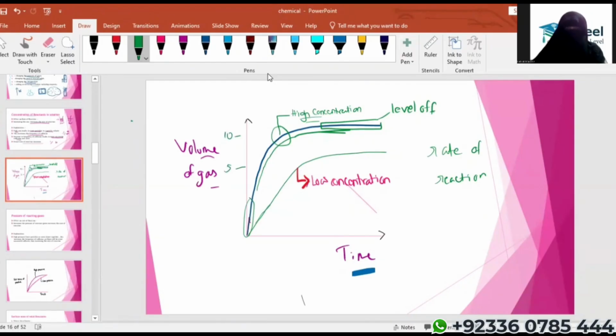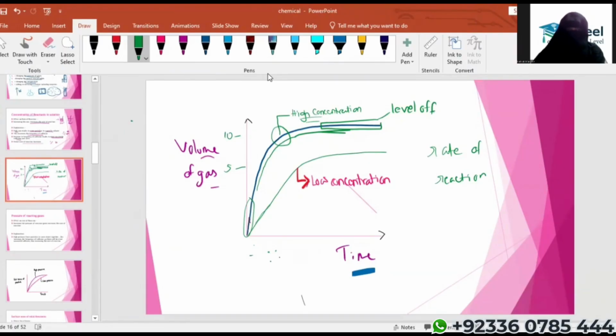It is leveling off at a smaller value. Why is that? Because the number of particles available in low concentration is less, and so there will be less products being produced. So now you know how to plot the graphs for concentration reactions.